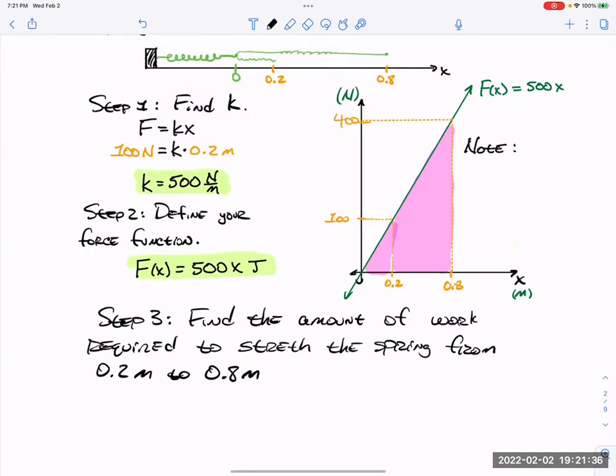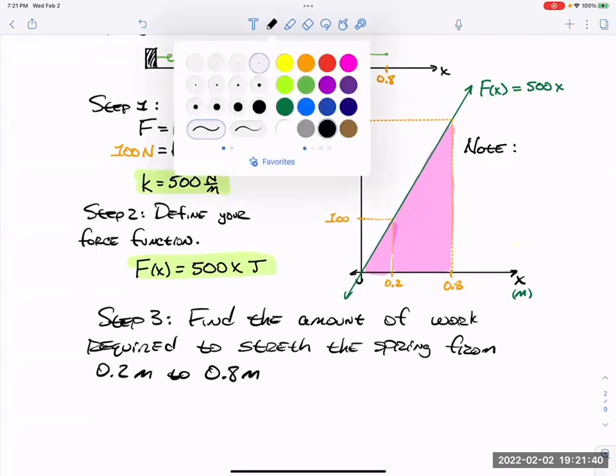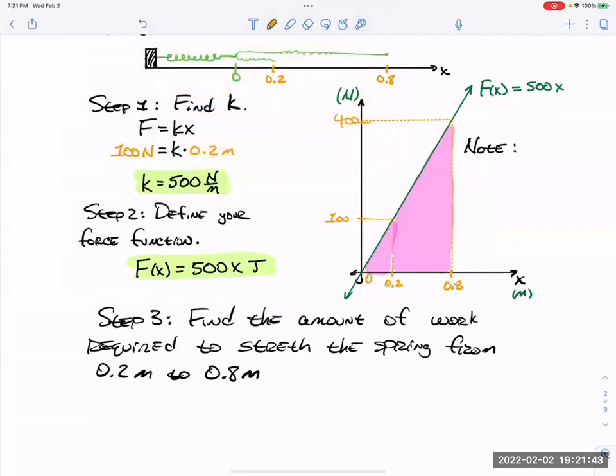See, here I have drawn the area under the curve from 0 to 0.8, correct? And if you look at this entire area here, we can find this area of a triangle, correct? The area of a triangle, I want to just mention this, is 1/2 base times height, right? So this triangle has a base of what? What's the base here?